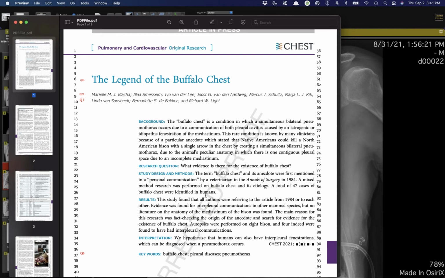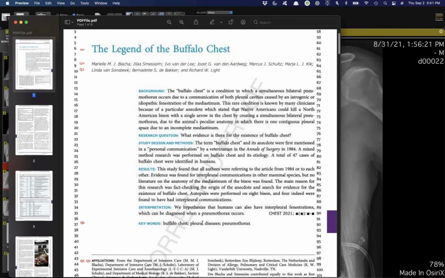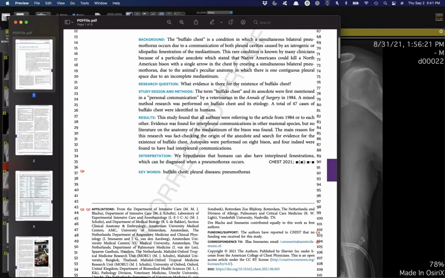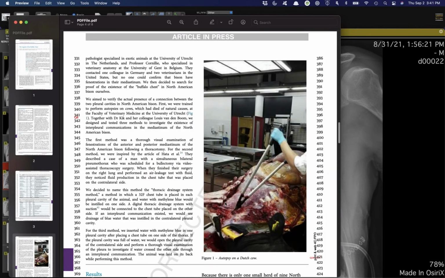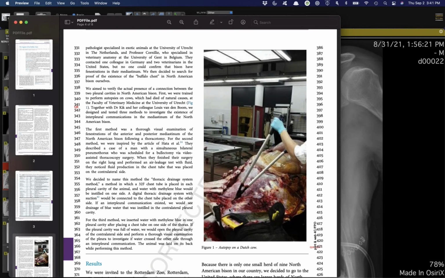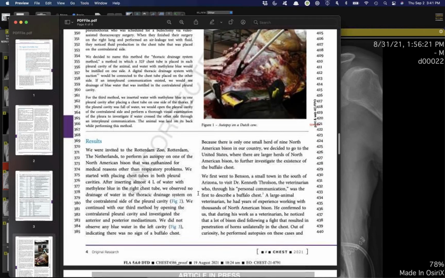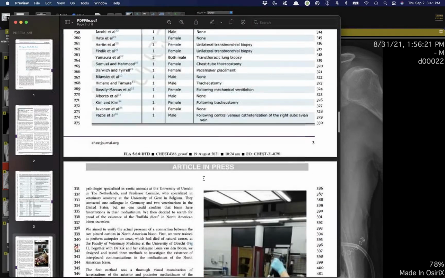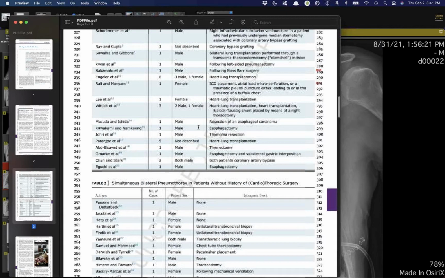I think they're Dutch, but they ended up coming to the United States and doing autopsies on bison at a meatpacking plant. And they found there were interpleural communications in 4 of the 8 that they looked at. So it's not all buffalo that have communications between them, but they did find them in 4 of 8, which I thought was pretty entertaining.